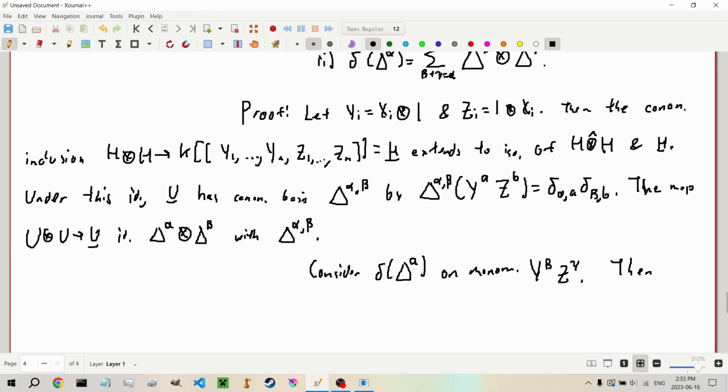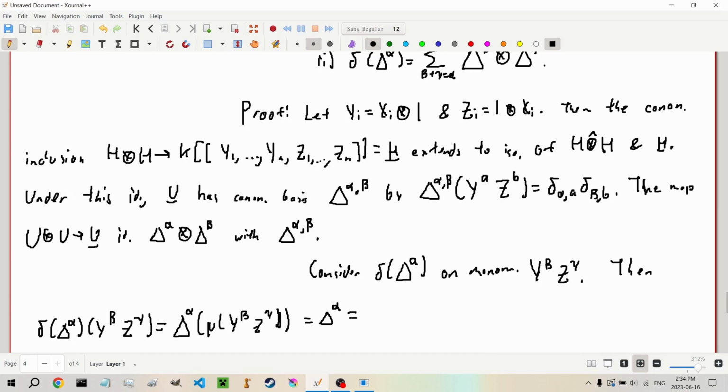Well, then delta of delta the alpha on y beta z gamma is delta to the alpha of mu of y beta z to the gamma, which is delta to the alpha on x to the beta plus gamma, which is just going to check if alpha is equal to beta plus gamma.